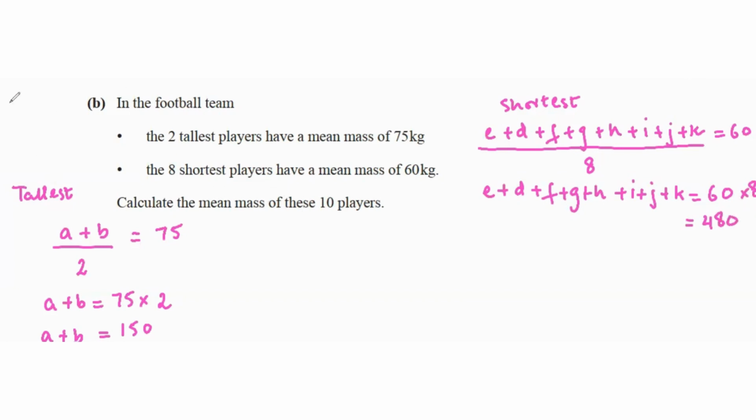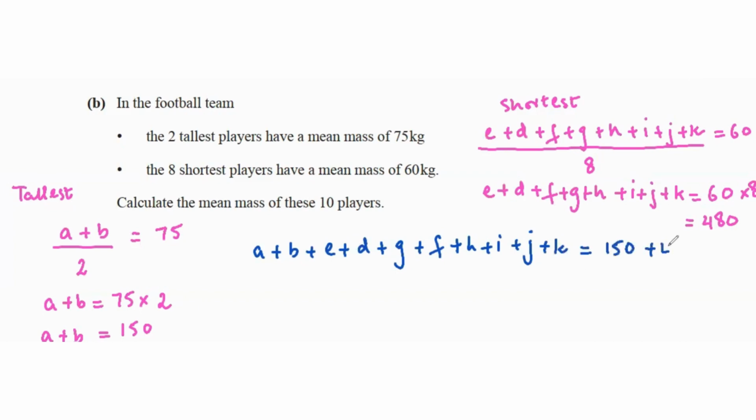So now to find the mean mass of all the players, I'm going to add A plus B plus E, D, G, F, H, I, J, and K, all 10 players, and put that equal to 150 plus 480 and divide this thing by 10 because we're talking about 10 players.